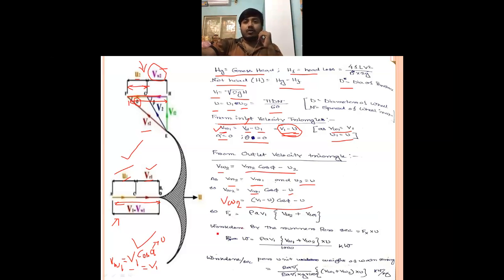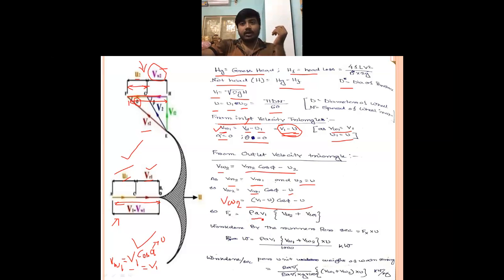So what is the force exerted by the jet along the direction of the motion? That means, in the direction in which the motion is happening, how much force is there because of the jet. From Newton's second law of motion, F is equal to ma, that is, the rate of change of momentum.